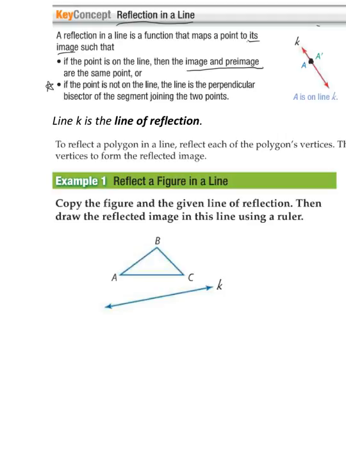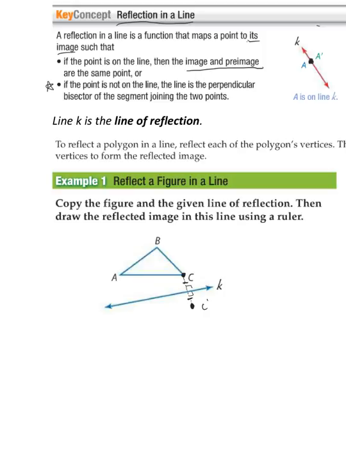So, let's reflect this triangle ABC across line K. What we would do is measure the distance C is from line K. Whatever distance that is, we would continue on this segment that is perpendicular to it. Trying to estimate here, that's about the same distance. And we would plot the point C prime, the reflection of point C across line K.